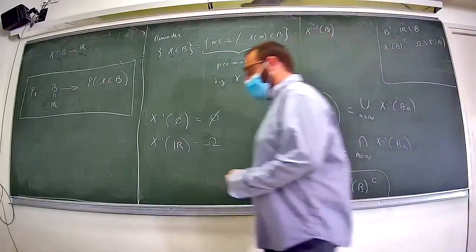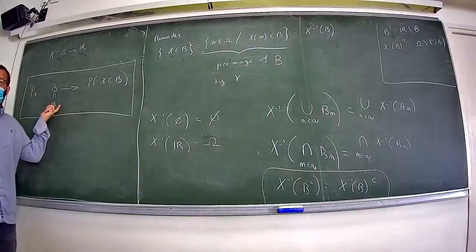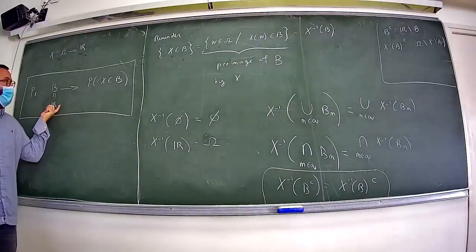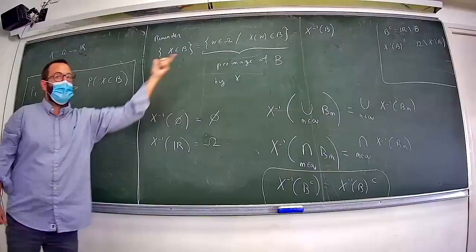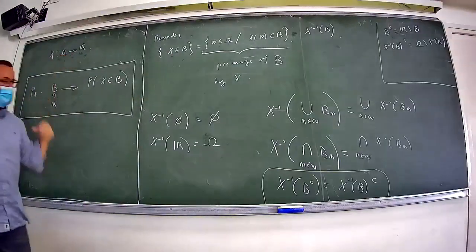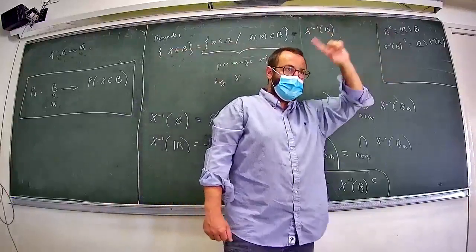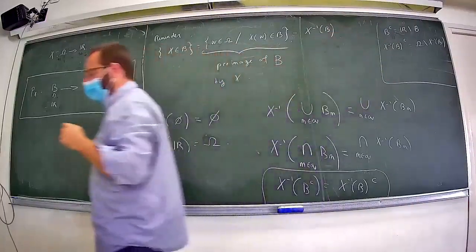B lies here as a subset of R, while x minus 1 of B is a subset of omega. So when I define the complementary set, just keep in mind that I don't have the same underlying universe.